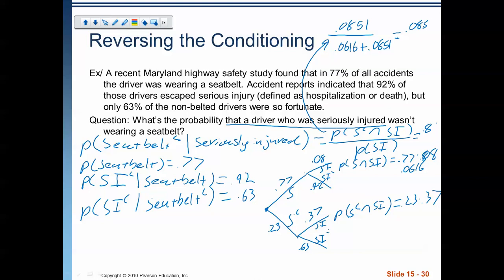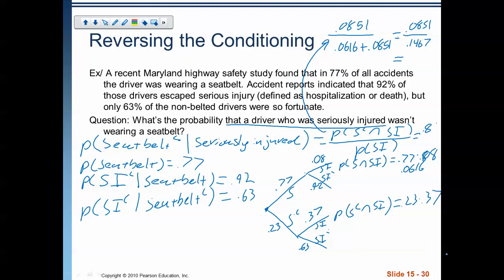So 0.0851 divided by whatever that is. What's 0.0616 plus 0.0851? 0.1467.